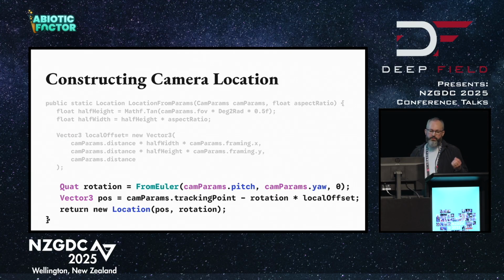The next part, we're just flattening this down to final position and rotation. So quaternion from Euler, passing in pitch on the X, yaw on Y, and hey presto.